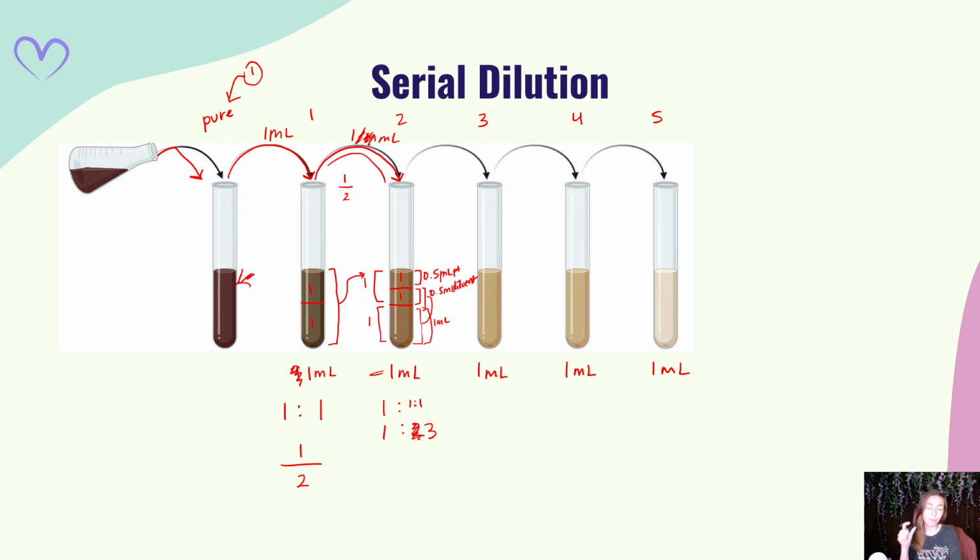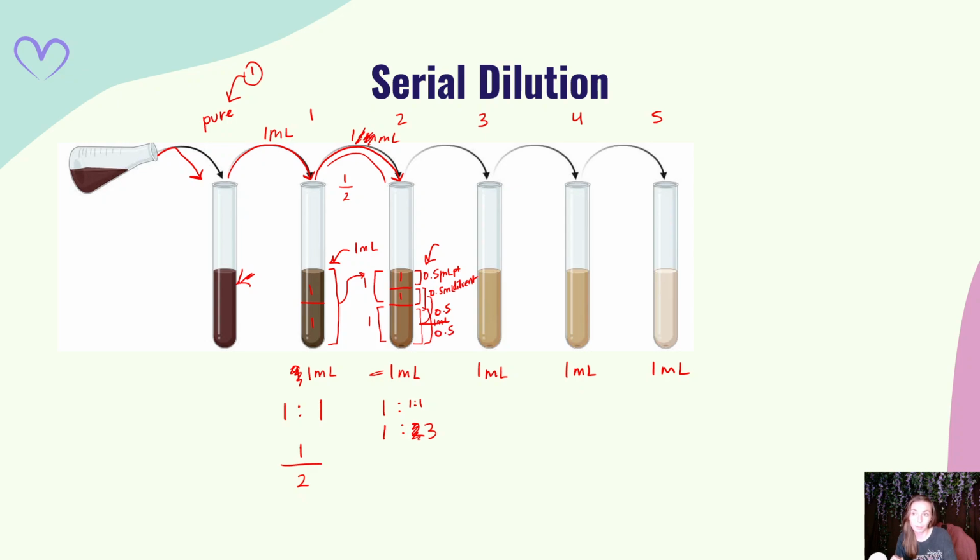The value of a part in this tube is 0.5 milliliters, because that's how much of our breakdown we have. Versus over here, the value of a part is 1 milliliter. So because of that, you can divide 1 milliliter into 2 parts, because the value of a part here is 0.5, so you end up with 0.5, 0.5 of diluent.